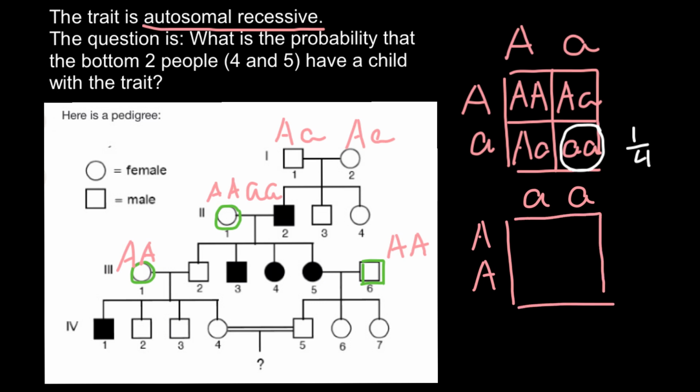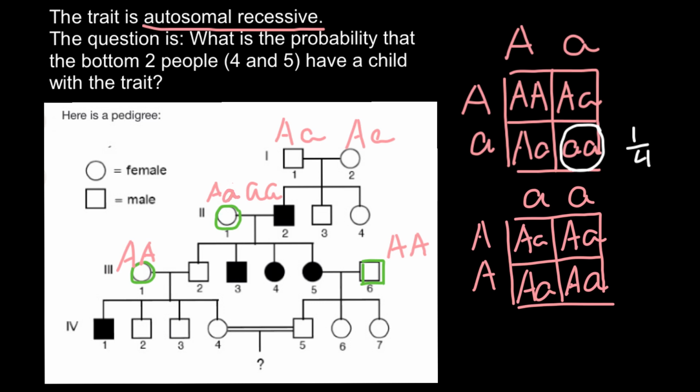100% of their progeny would be heterozygous, and that means that 100% of their progeny would be carriers but phenotypically normal, because this is a recessive genetic disorder. And that gives us the information that the female is not homozygous dominant. This gives us the information that this female has to be heterozygous.